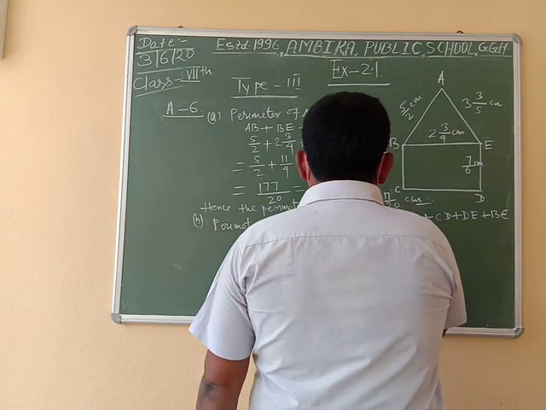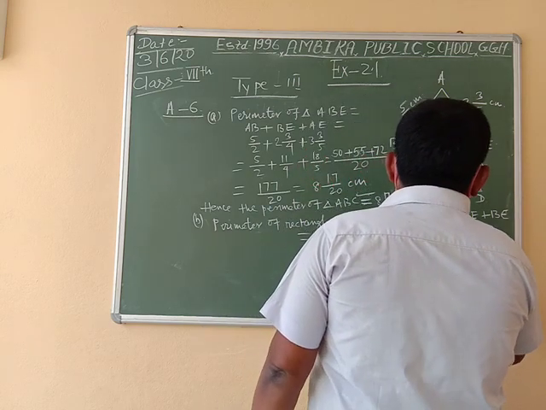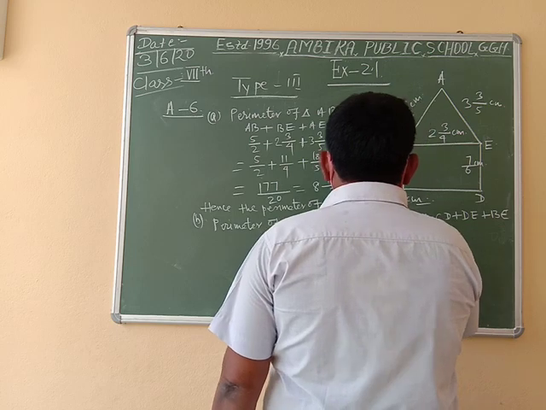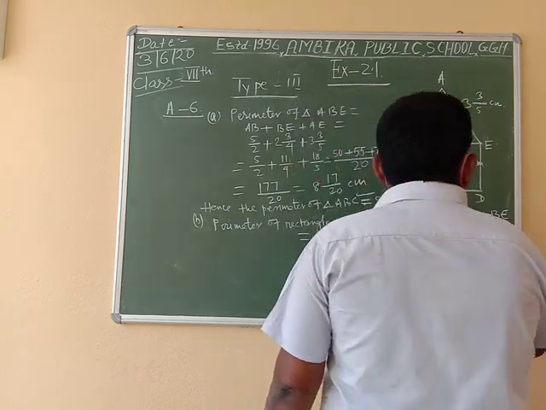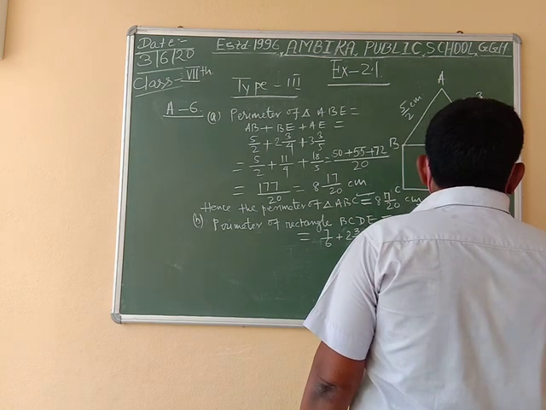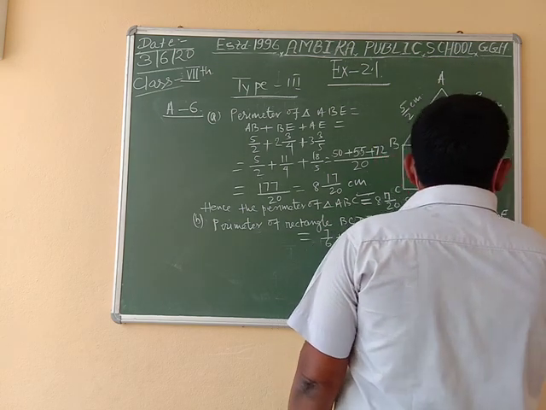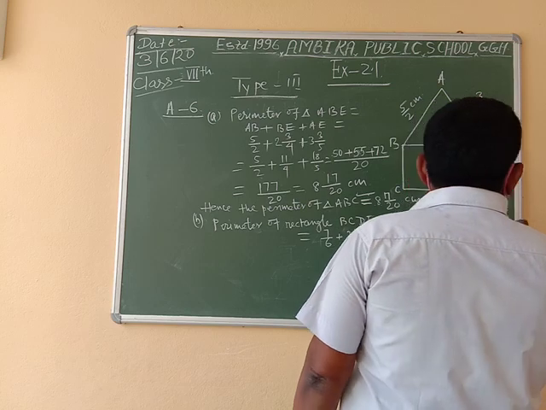Solving, 7 by 6 plus 11 by 4 plus 7 by 6 plus 11 by 4.